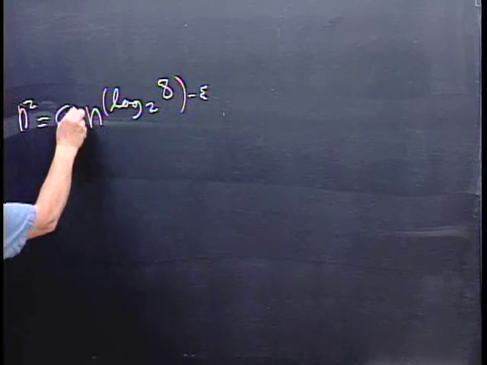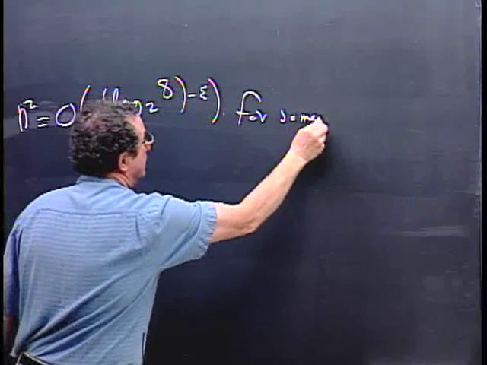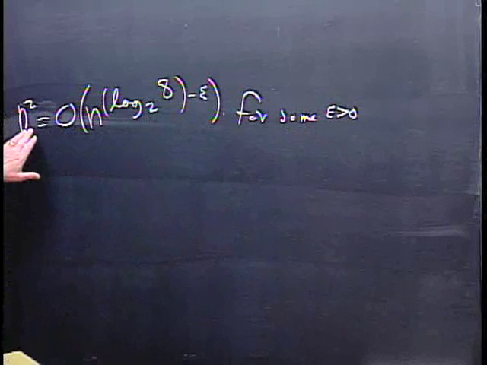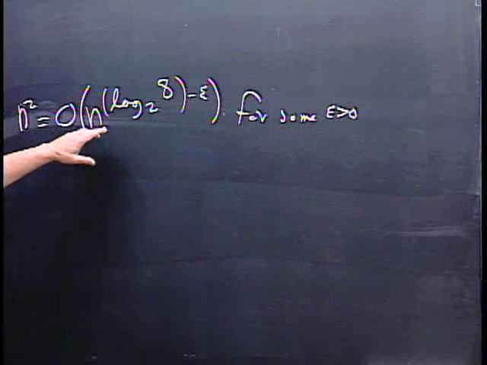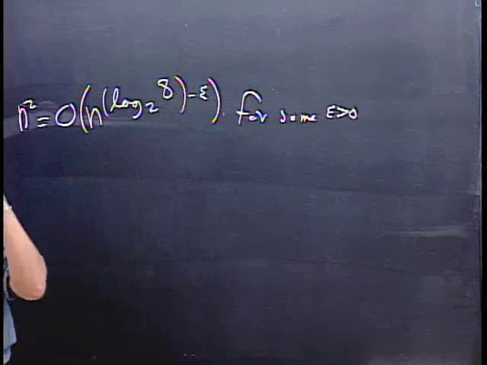And we can see that for some epsilon bigger than 0, this is true. N squared is big O of n to the log base 2 of 8 minus epsilon, because that's 3 minus epsilon.